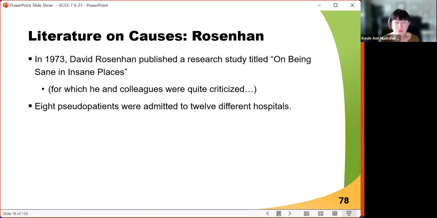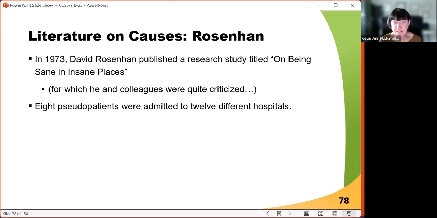So, literature on causes of violence. I'm just going to go through some of the really important literature. Some of it's very important because it was only done once and it could never be done again because of rules and regulations we now have on research that did not exist, for instance, back in 1973, when David Rosenhan, who was a psychologist, did a research study titled On Being Sane in Insane Places, after which he and his colleagues were quite criticized.